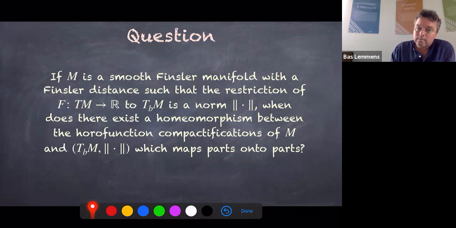Because the way you've posed it, if M is a smooth Finsler manifold, etc., but the homeomorphism that you wish to establish is with respect to a dual ball. So am I missing something?